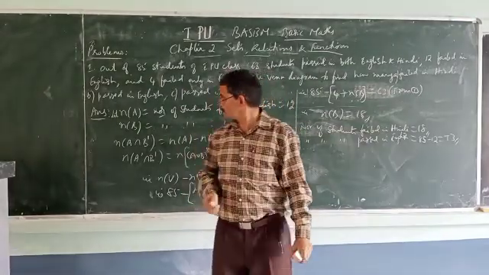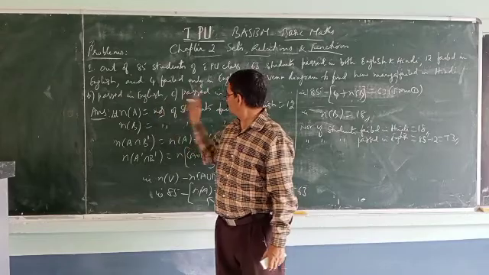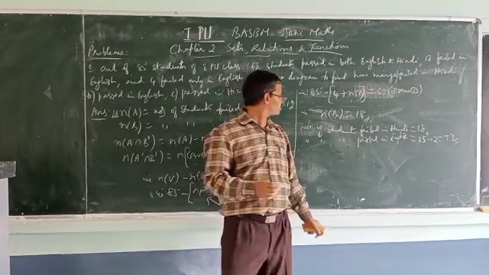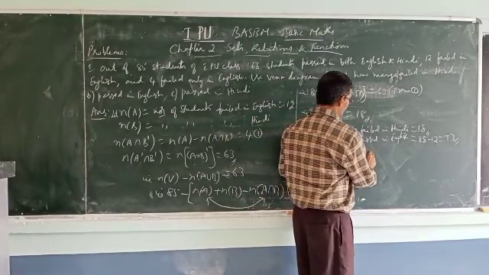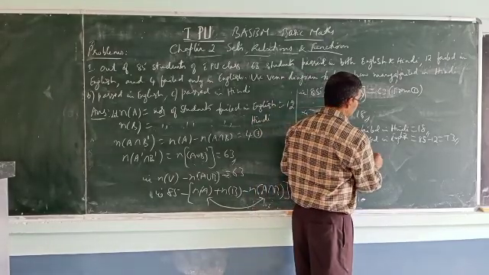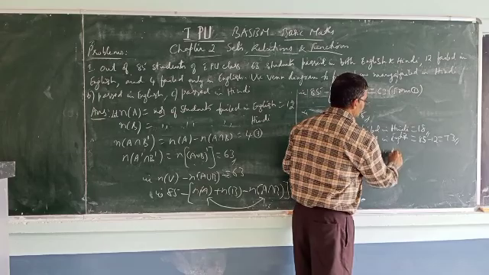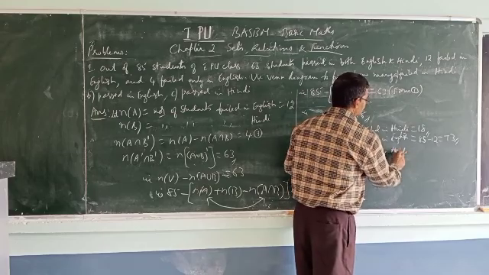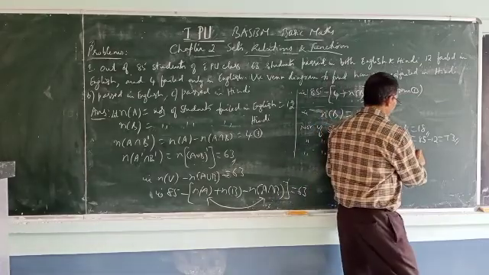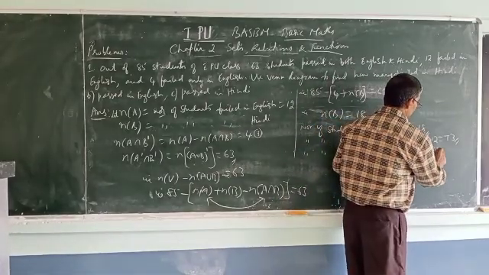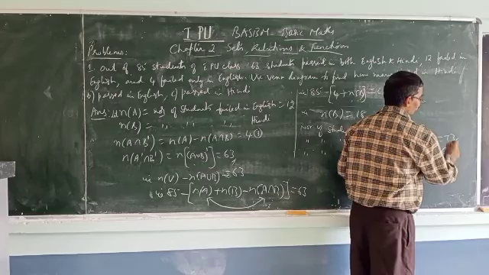Last one: passed in Hindi. Failed in Hindi is 18, so passed in Hindi means 85 minus 18 equals 67.